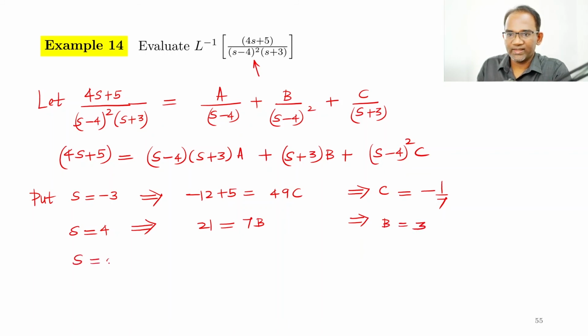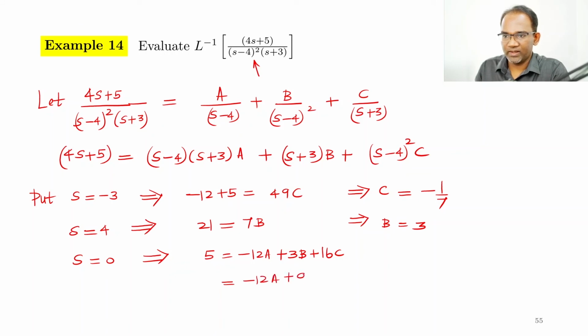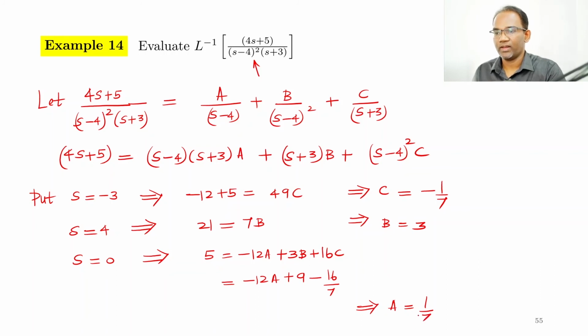When we put s equal to 0, we have 5 equal to minus 12a plus 3b plus 16c, that is equal to negative of 12a plus 9 minus 16 over 7. That results in a equal to 1 over 7. So we have found out a, b and c.